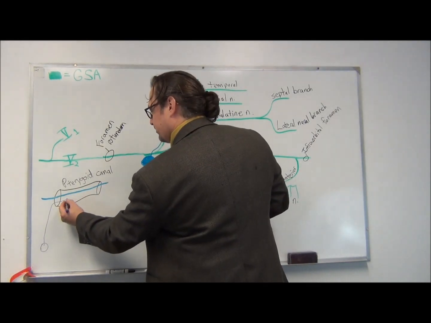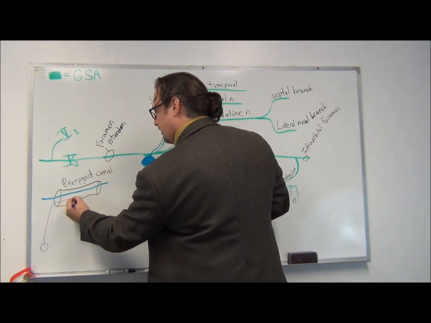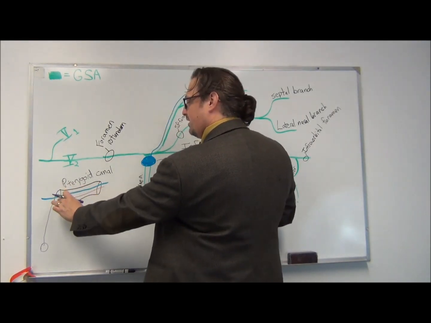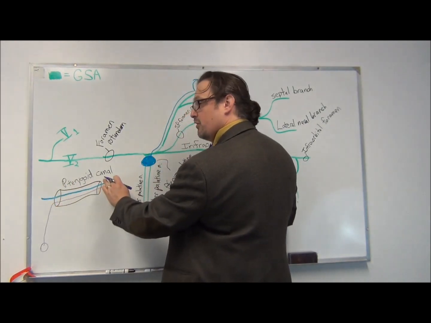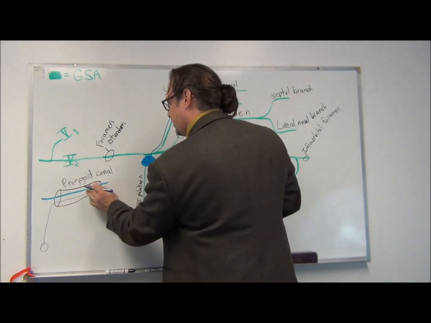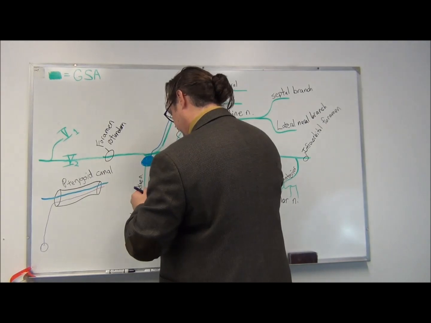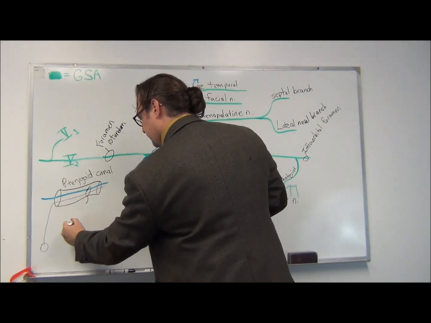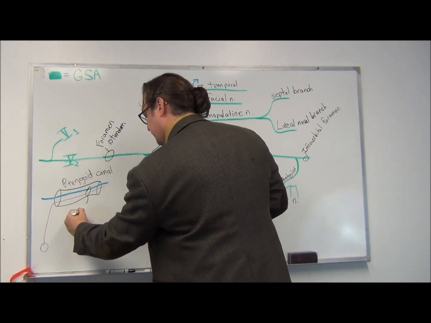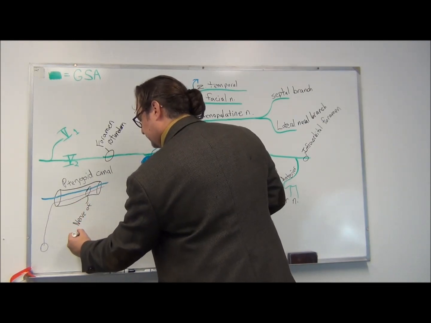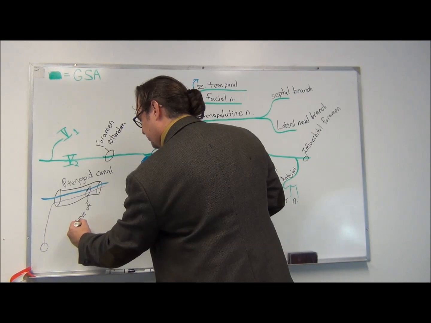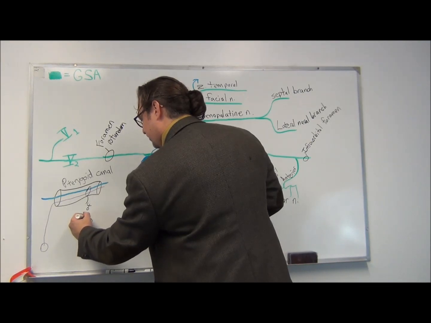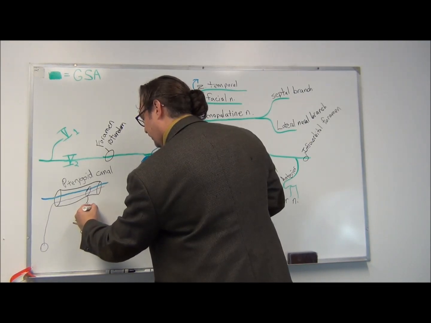But what we do care about is that these postsynaptic sympathetics are traveling alongside these presynaptic parasympathetics from 7, and these guys are collectively known as the nerve of the pterygoid canal. And even though it's a lot to keep track of, at least the nomenclature is somewhat sensible.